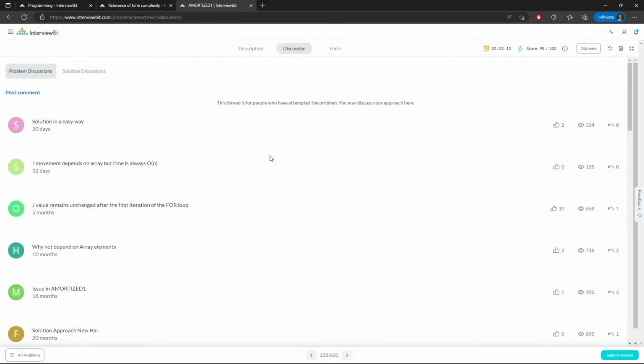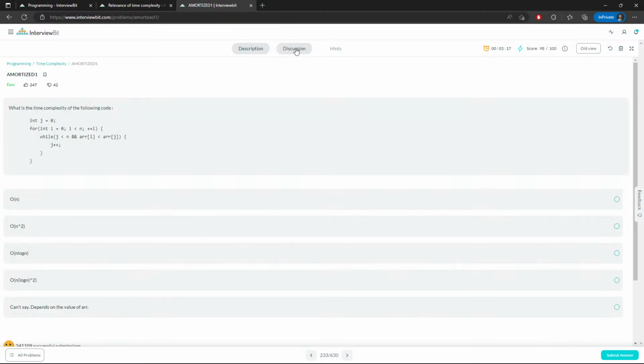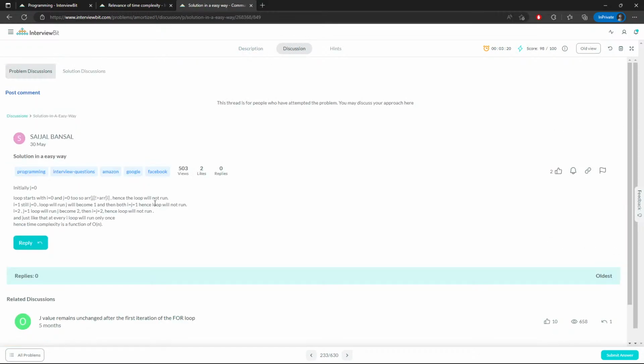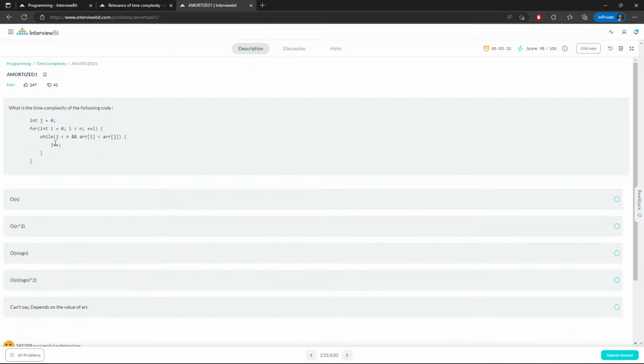Okay. Oh, okay, I get it. So the j is incrementing and becoming equal to I. In that case, this condition will fail. This condition will only pass if I is not equal to j. I get it now.